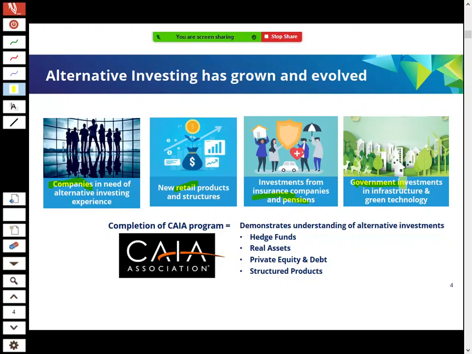In order to cope with the ever-changing demands of their compliance jobs, they need to know more about AI, so they also join this preparation course to prepare for the CAIA examinations. So the growth of the AI markets has implications on various sectors, both the investors, the buy side and the sell side.